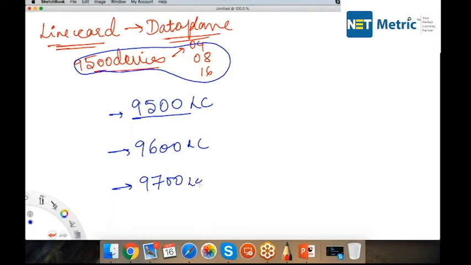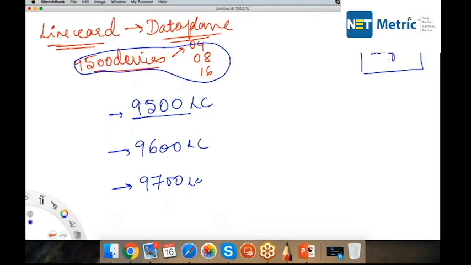Now, with respect to the line card, there are different variants of line card that are available for 9500 devices. Devices we've already seen, there's 9504, 08, and 16.